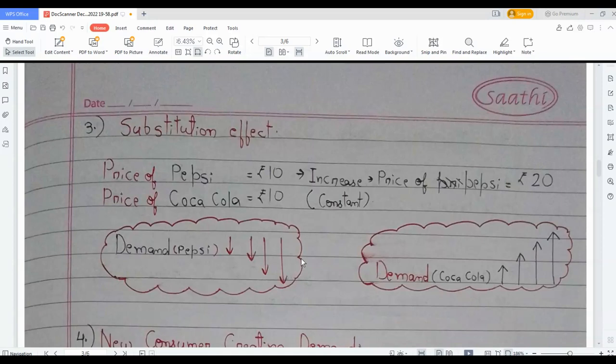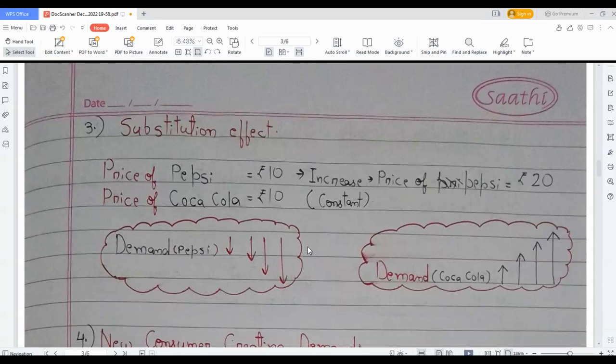This substitution effect shows that as the price of a commodity increases, the demand for the substitute good rises if its price remains constant. This also shows the inverse relationship between the price of that commodity and the demand for that commodity.